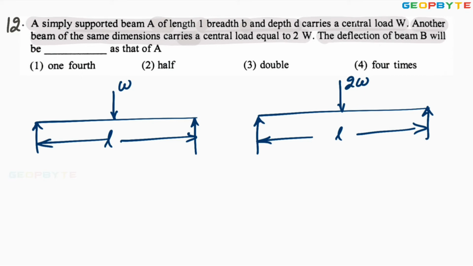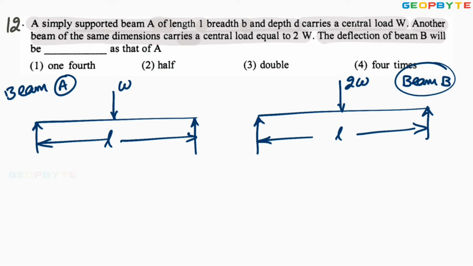This may be the beam A, this may be the beam B, right? So you are asked to find the deflection of beam B in terms of A.